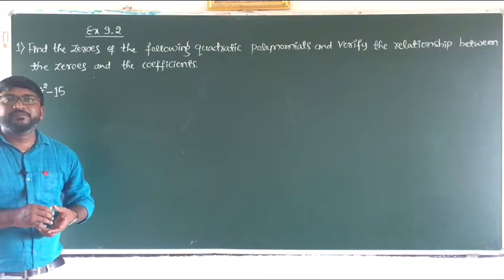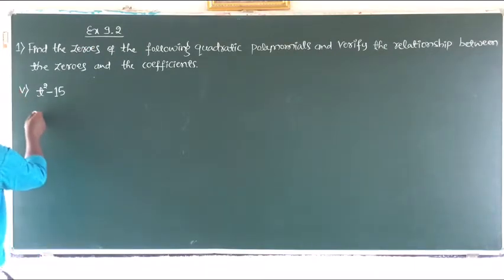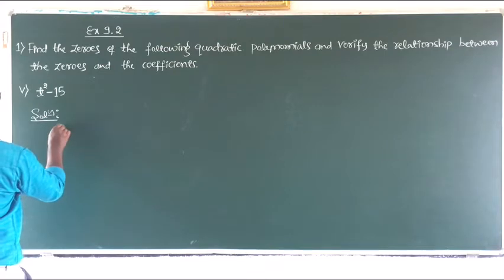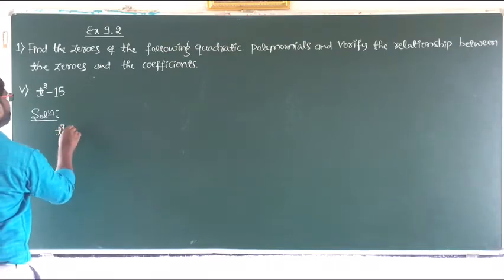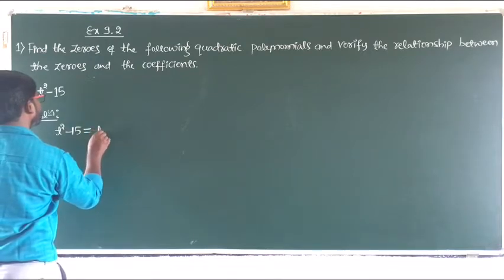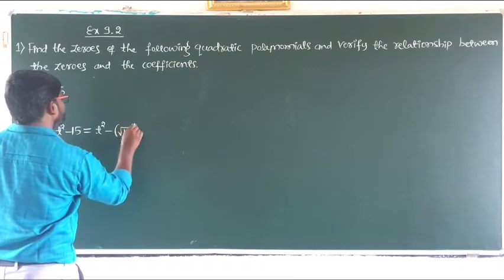Well, the fifth sub question, it is t square minus 15. So let us find the zeros. So here t square minus 15 can be written as t square minus root 15 the whole square.